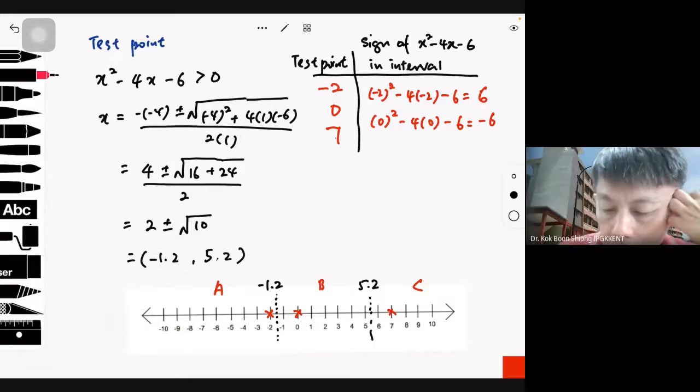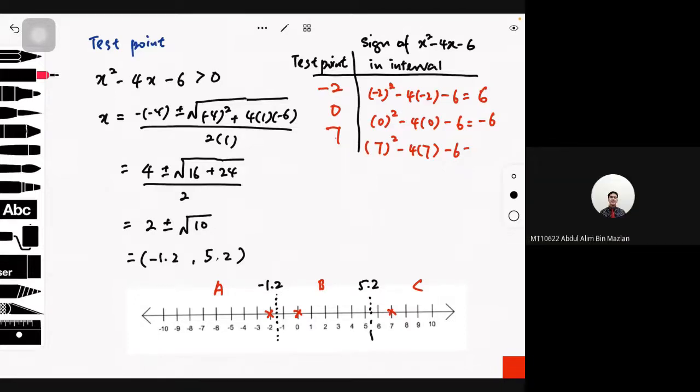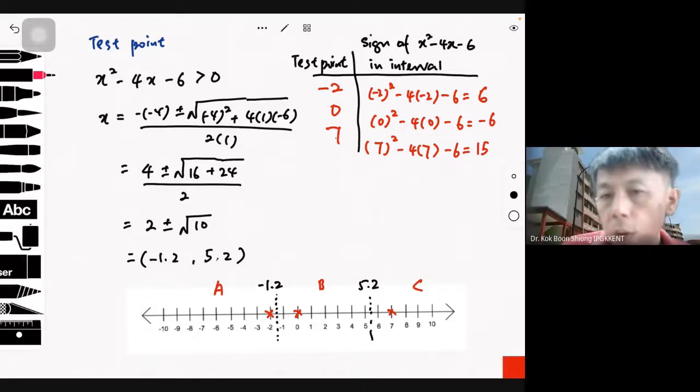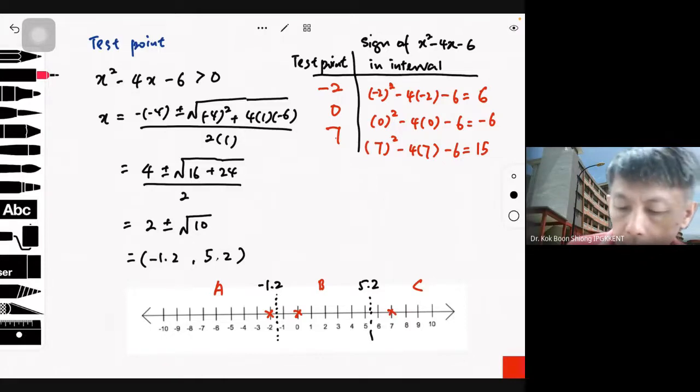The third one, 7 squared minus 4 times 7 minus 6. This equals 49 minus 28 minus 6, which is 15. Now, let's say f(x) is larger than 0.